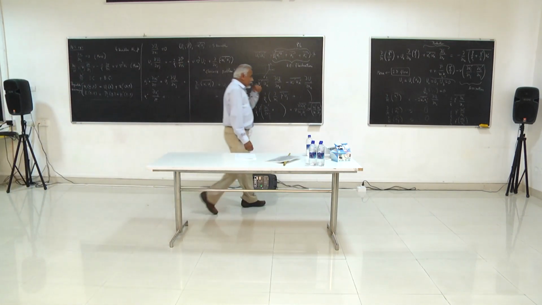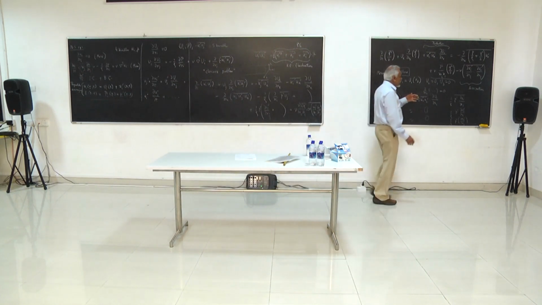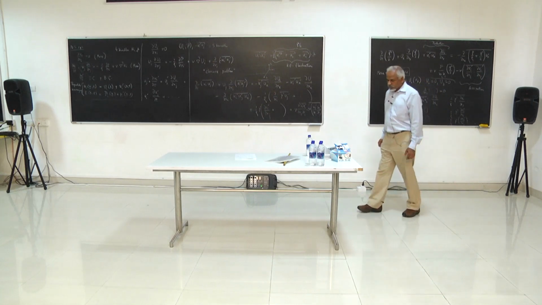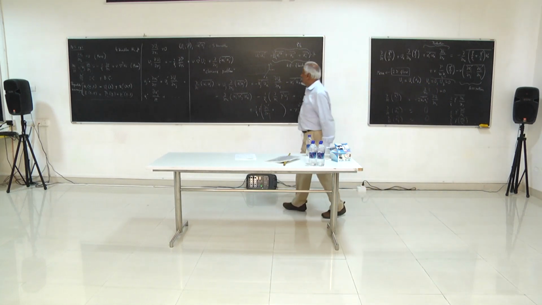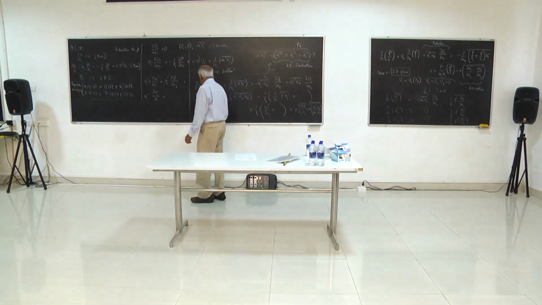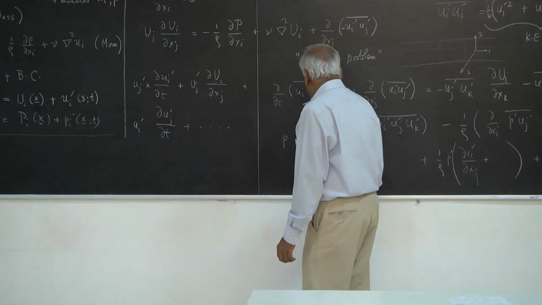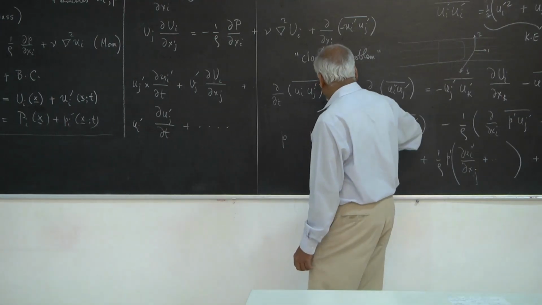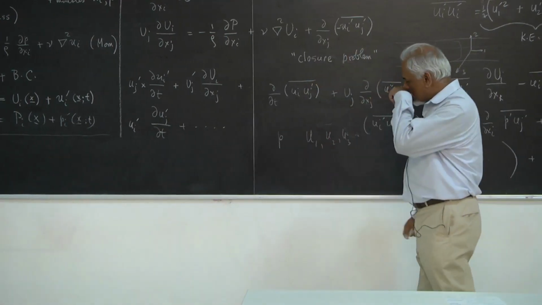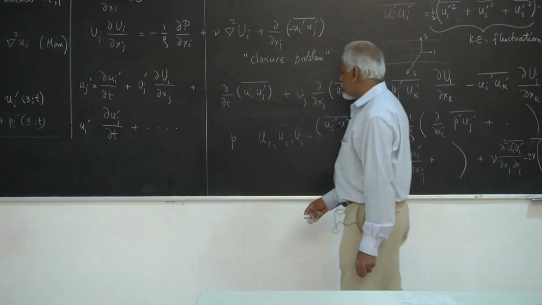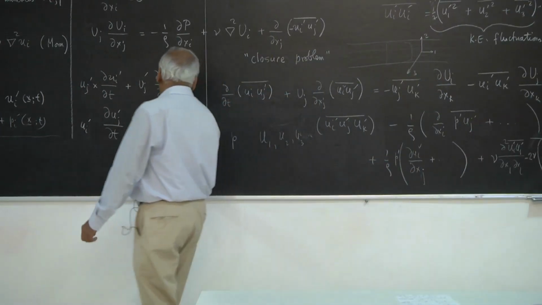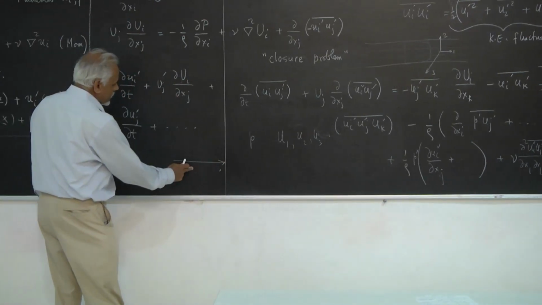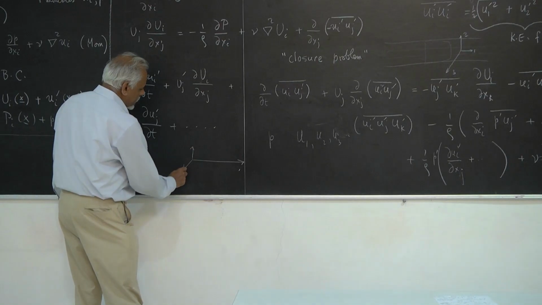So now, how does this happen? I was giving you a qualitative understanding of how it may happen. It's like this. I have P, and I have U1, U2, U3. These are the quantities under consideration. And let's say in one instant, I have one velocity in one direction very much large compared to the 2 and 3.